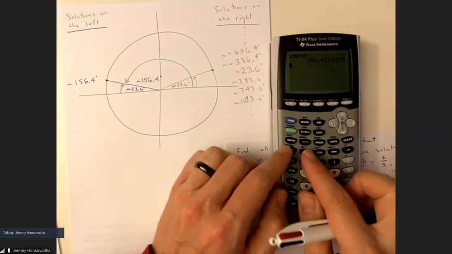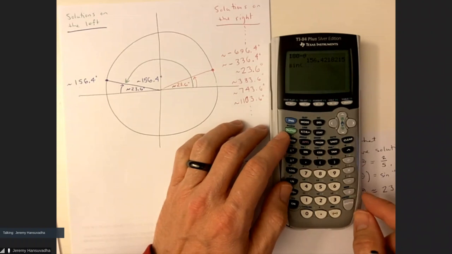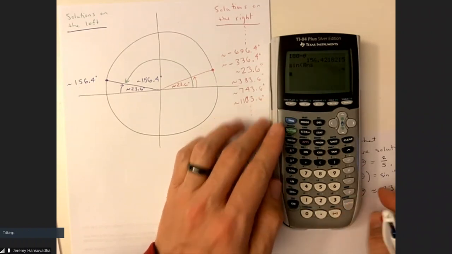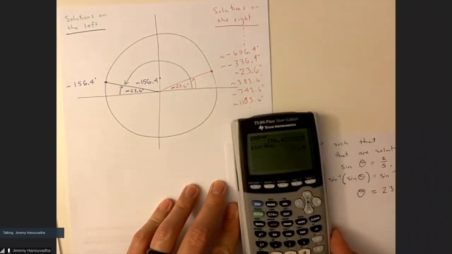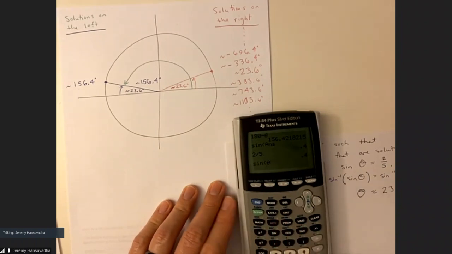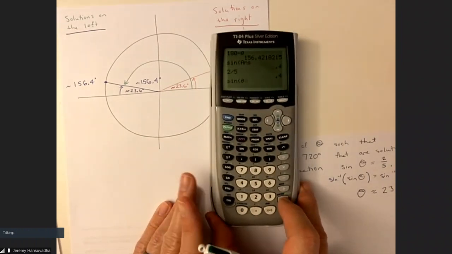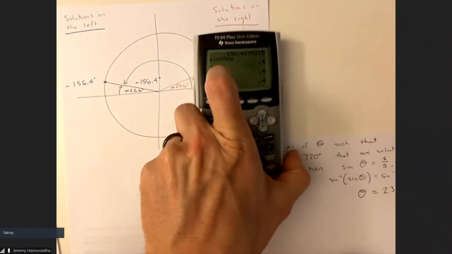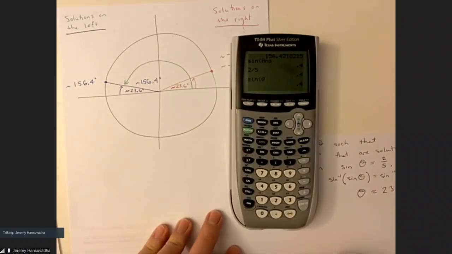So first, sine of this answer, it's 0.4. And by the way, check out our equation, 2/5, also 0.4. So I'm getting the same exact value. Also, look, check it out. If I do sine of this answer, I also get 0.4.